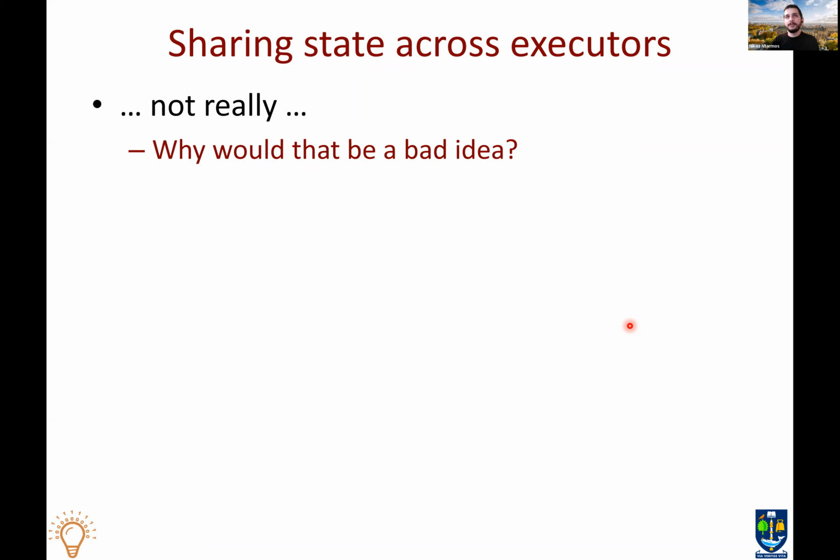So if we say that this would jeopardize integrity, how would we guarantee integrity? What could we do to guarantee integrity? More use of network. Okay, good. Yes, if we want to share state across executors, we would need more network I/O, but that's not really the problem here.